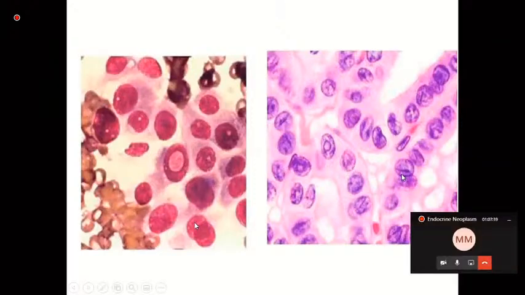Have you seen a coffee bean before? Yes, it's like a coffee bean, isn't it? This one we call internuclear groove, dividing the nuclei into two halves, isn't it? But actually it is not really an internuclear groove. Because the cells are folded like a coffee bean, they form something like an internuclear groove. Okay.